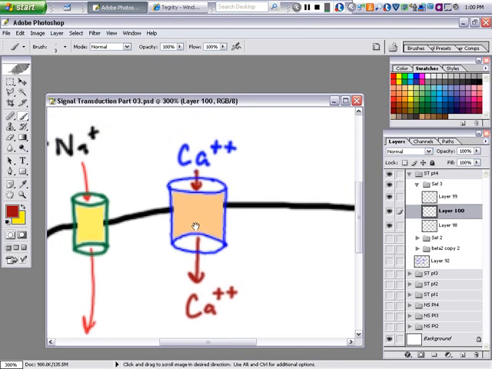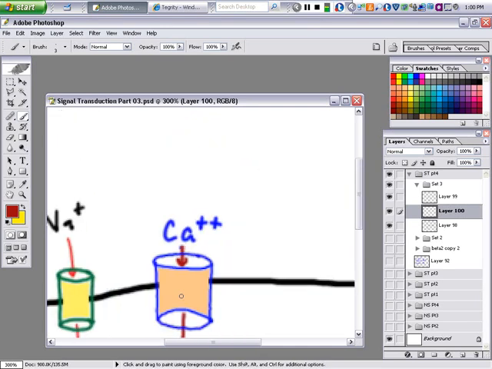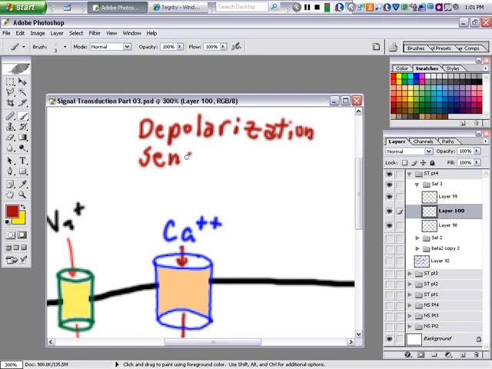Okay. This channel here is called a depolarization sensitive calcium channel. So it's sensitive to depolarization. What ion caused the depolarization?